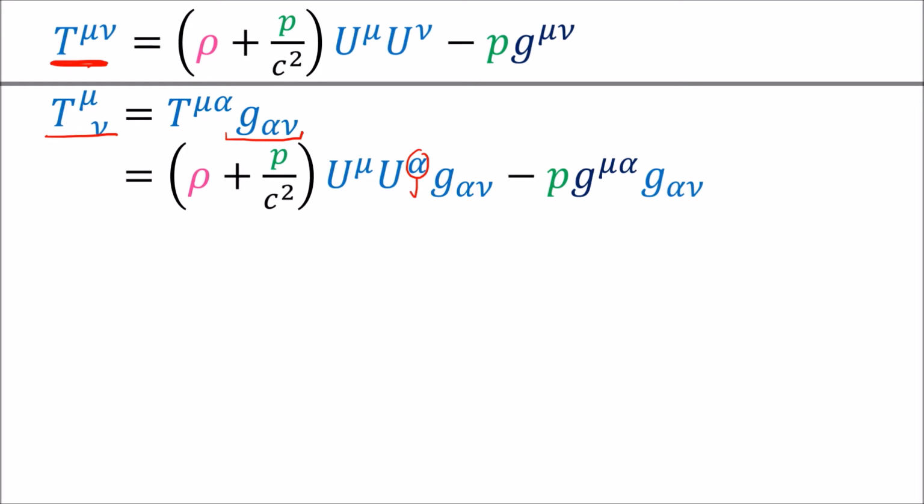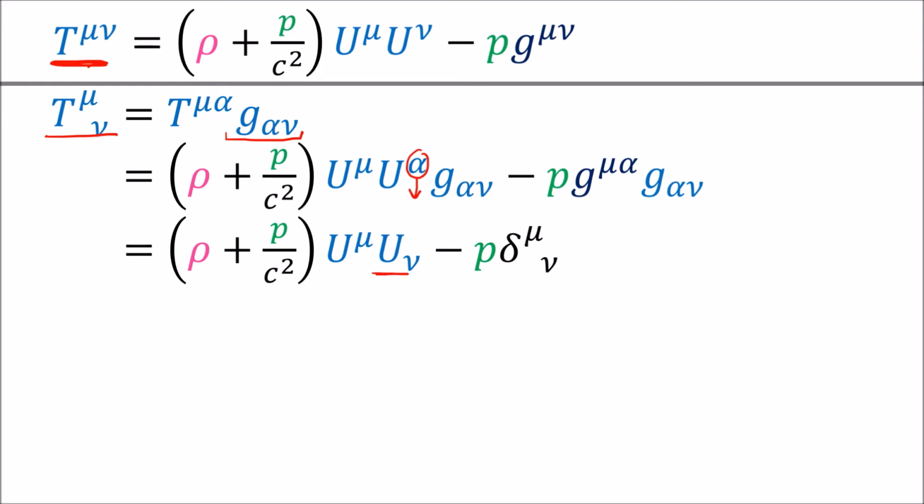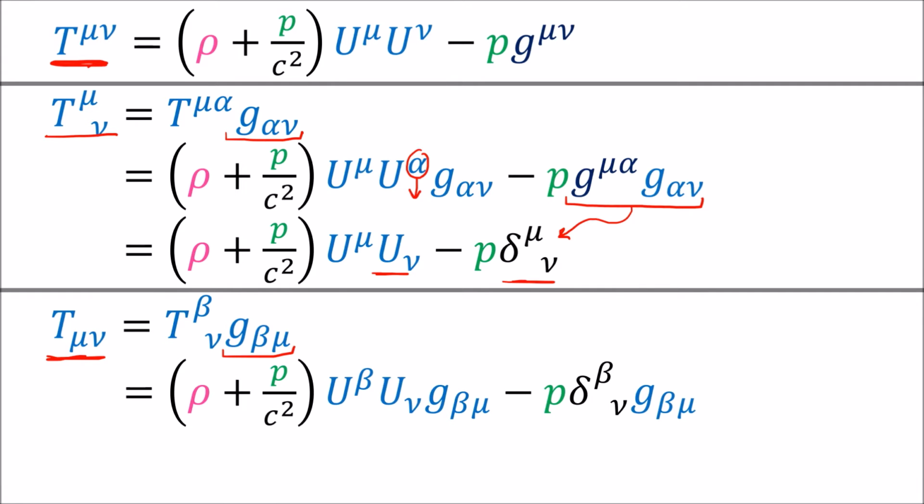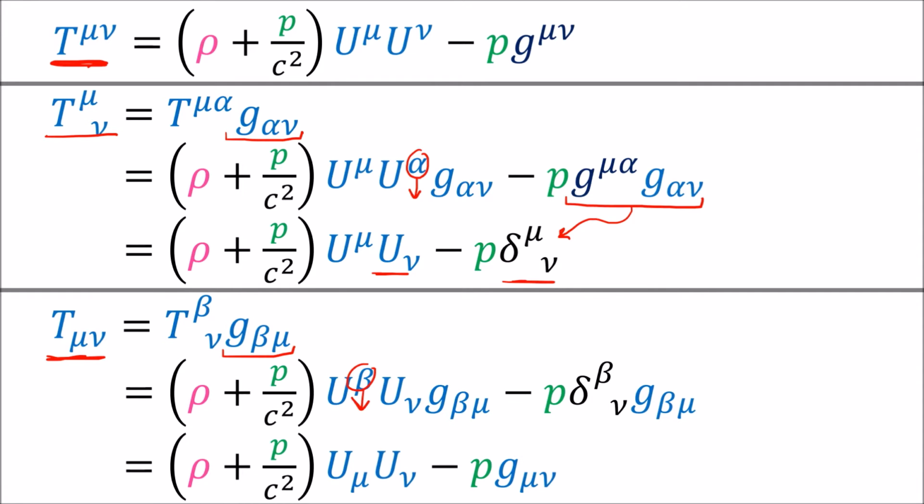This will lower one of the 4-velocity indices, and this inverse metric and metric cancel to give a Kronecker delta, or identity matrix. To get the EM tensor with lowered indices, we can sum with another metric. This lowers the other 4-velocity index, and the identity matrix times the metric just gives the metric.